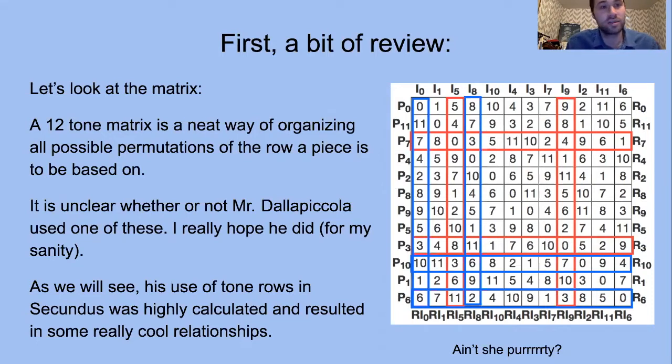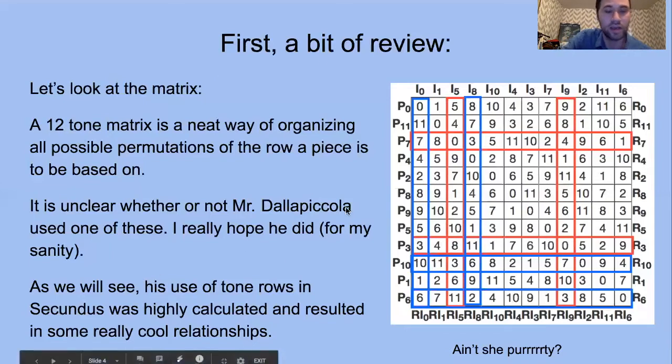For instance, Dallapiccola used 8 rows, and I've highlighted them here. We're going to talk about the binary form of this piece. So in the matrix here, I kind of annotated it so that the 4 rows from the beginning of the piece are in red, and the 4 rows from the end of the piece are in blue.